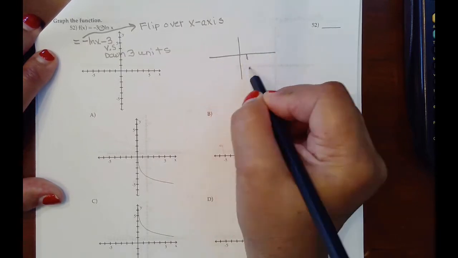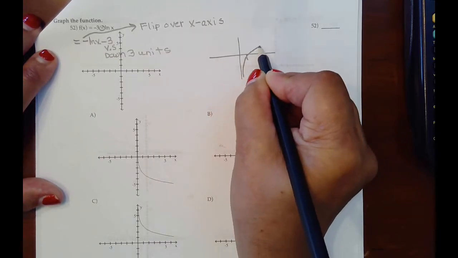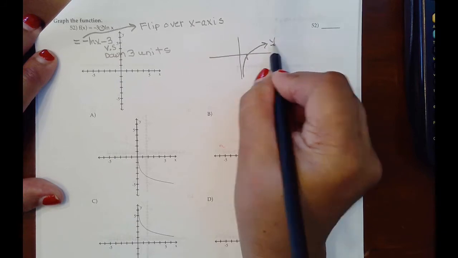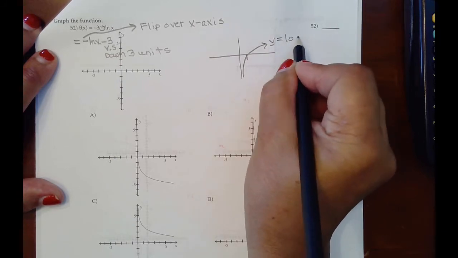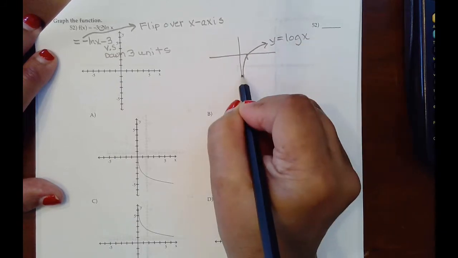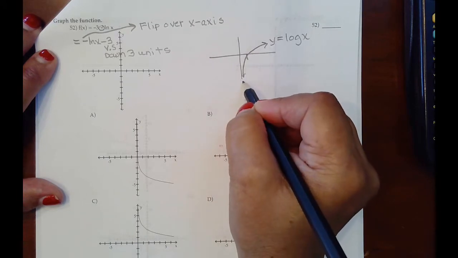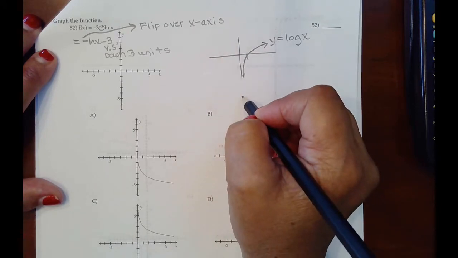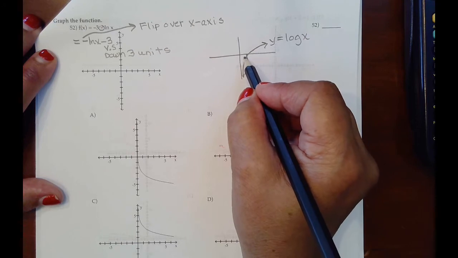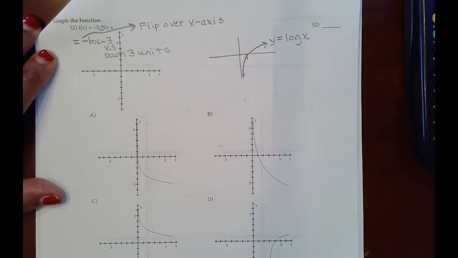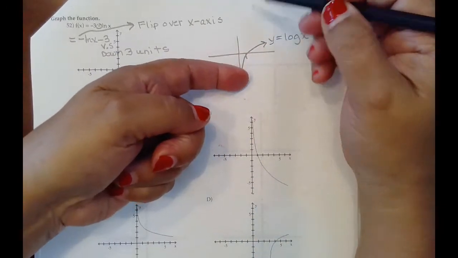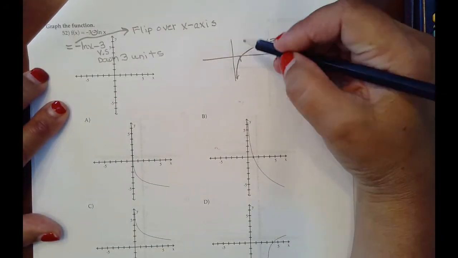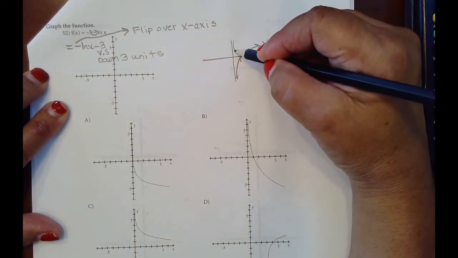Now let's think about what it usually looks like. This is what a normal logarithmic graph looks like. Flutters against that negative y-axis, using it as the asymptote, goes through 1, 0, off to infinity. So if we're going to take that and flip it over the x-axis, like spin it over the x-axis, then it's going to look like this for one thing.